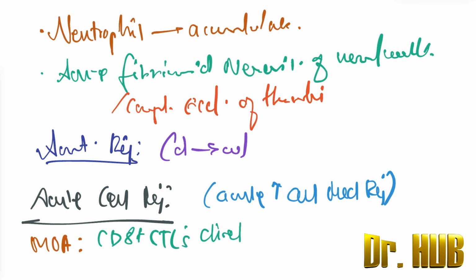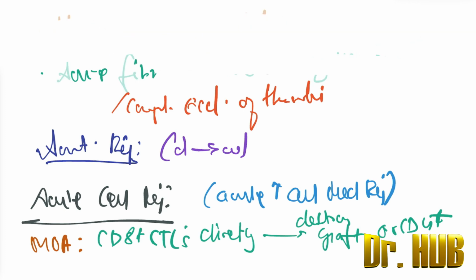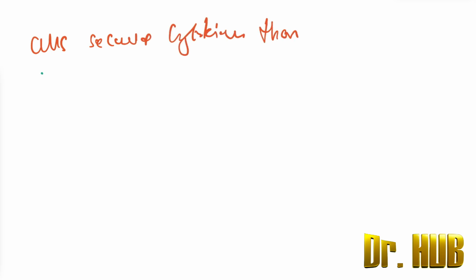They directly destroy the graft or the CD4 plus cells. After the destruction of the CD4 cells, they secrete cytokines that damage the graft. So let's look at the histopath examination.